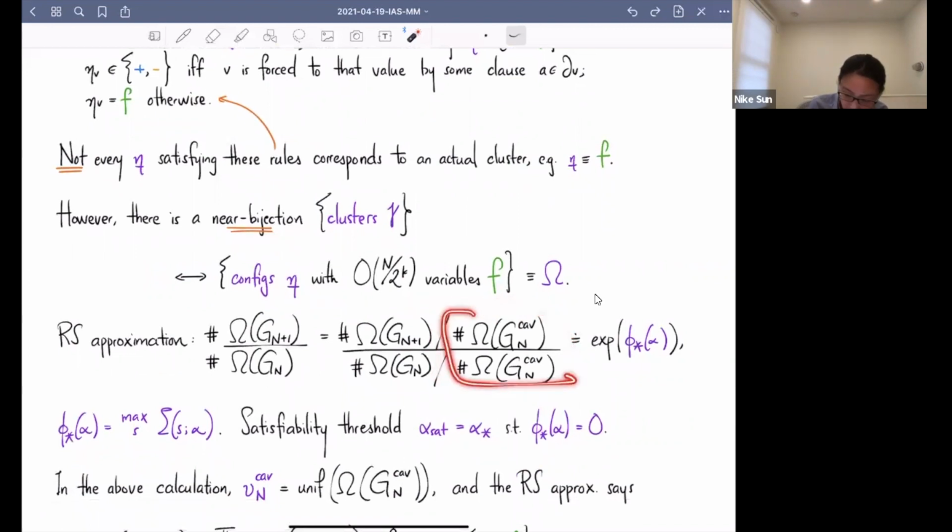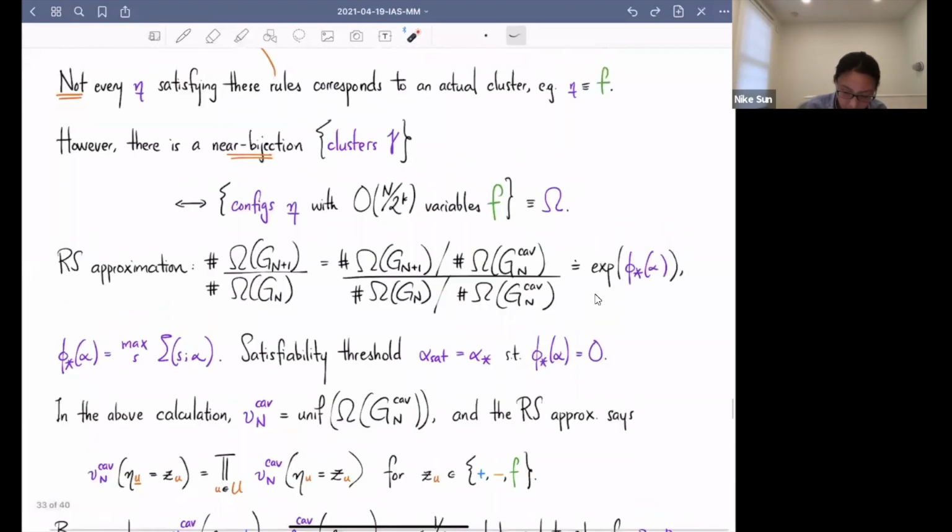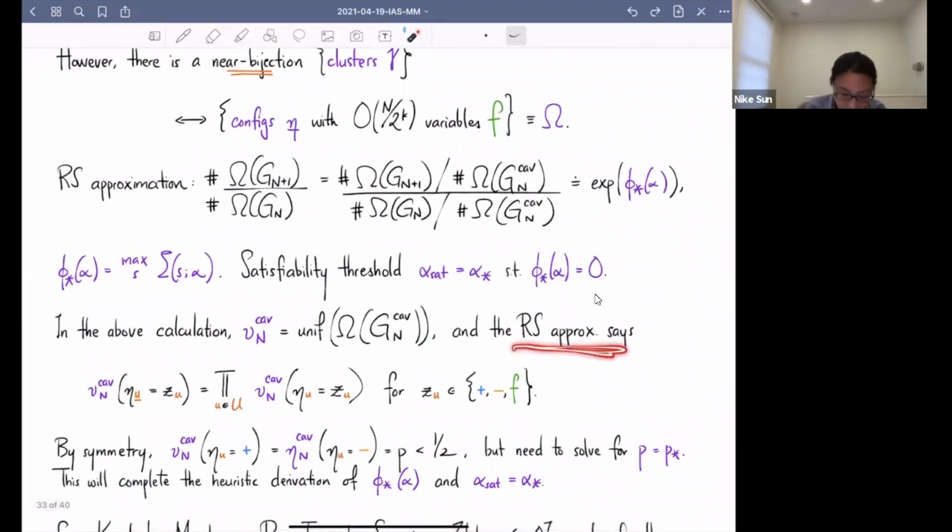So when you do this calculation, the cavity measure is now the uniform measure on plus minus free encodings of the cavity graph, which have not too many free variables. And then the replica symmetric approximation says that you should approximate it by the product measure. So you have the cavity variables u, and it's approximately equal to the product of their marginal laws.